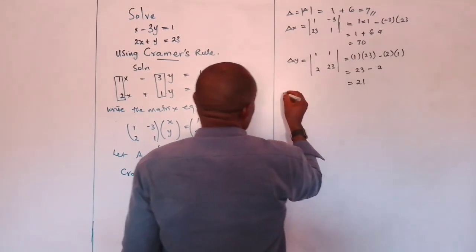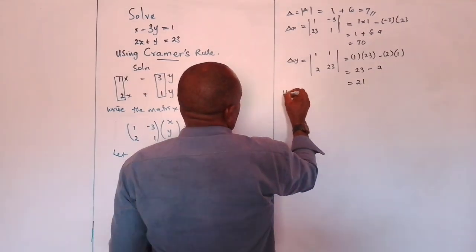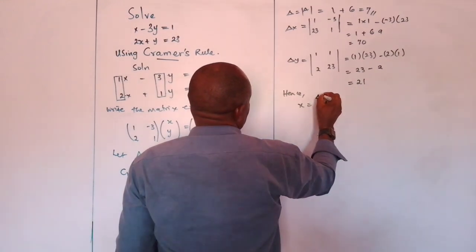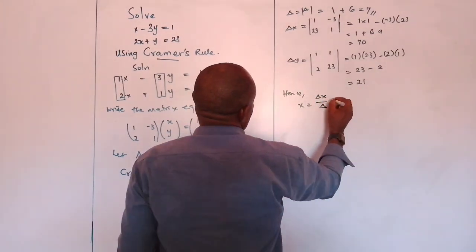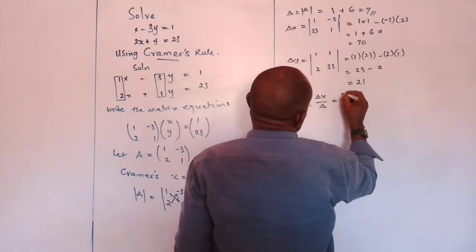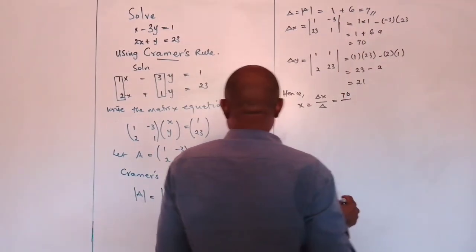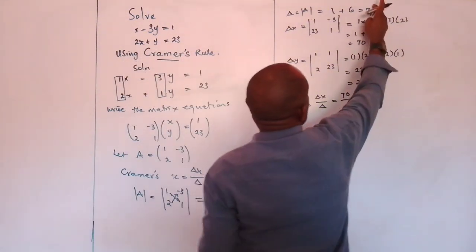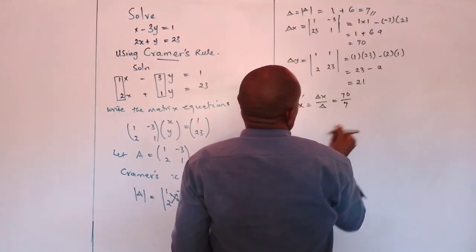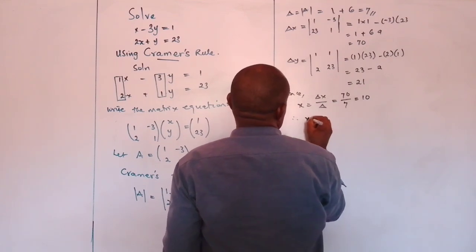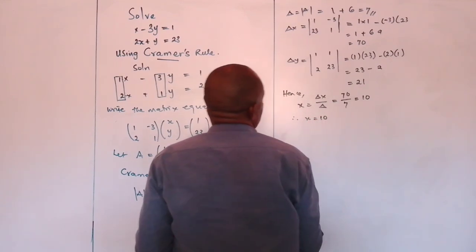So our x, which is defined as delta x over delta, will be equal to 70 over 7, and the result is equal to 10. Therefore, our x is equal to 10.